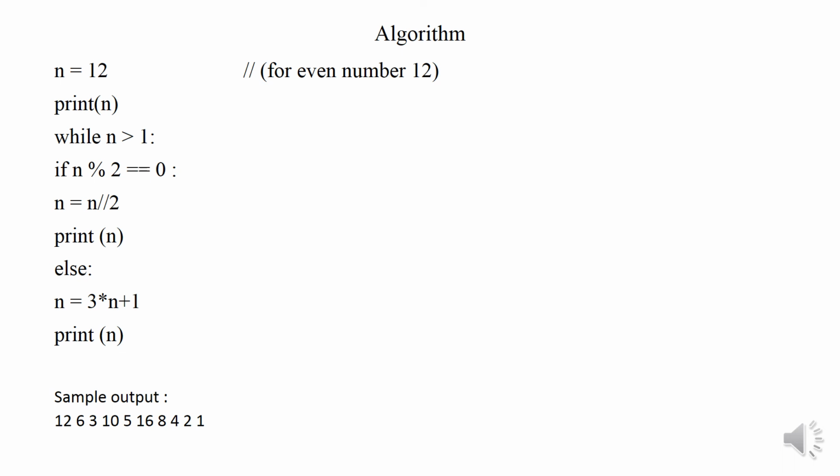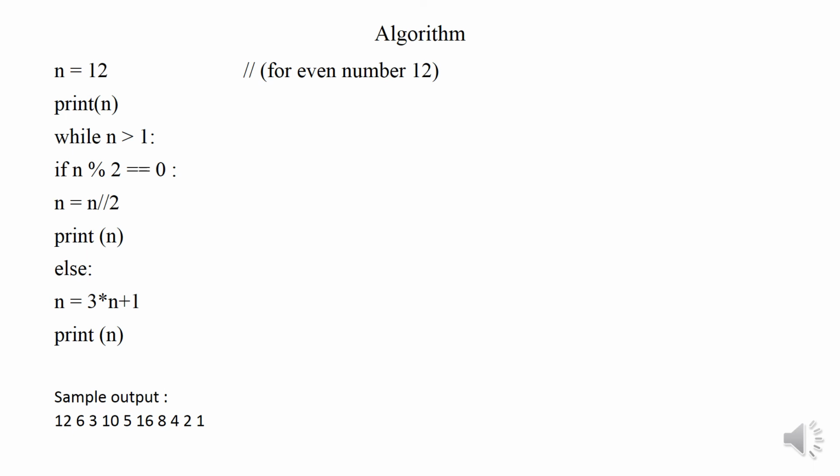So 16 divided by 2, the output is 8. Again we execute for 8. We get the output 4, because 8 is an even number. We divide 4 by 2, we get 2, and finally we get 1.